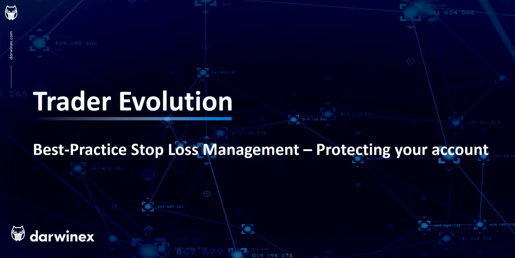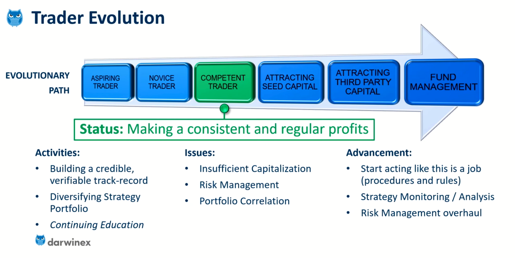And putting this into the context of the trader evolution that we've looked at previously, a stage that usually requires a complete overhaul of a risk management strategy often occurs at the competent trader level.